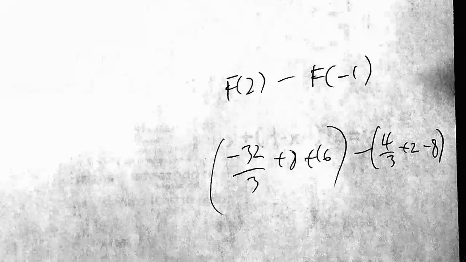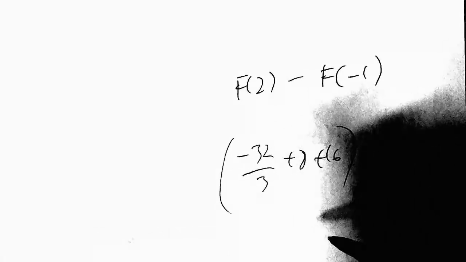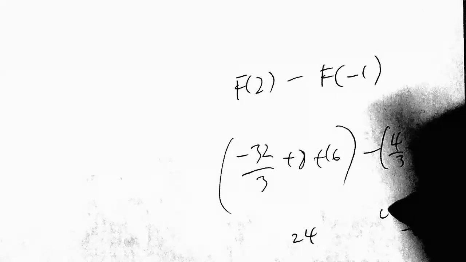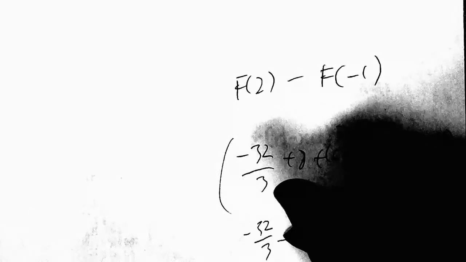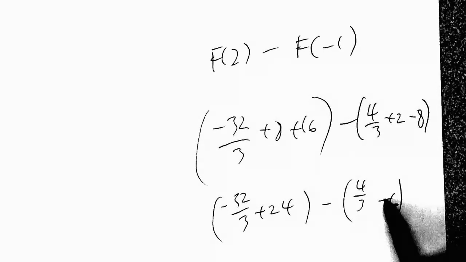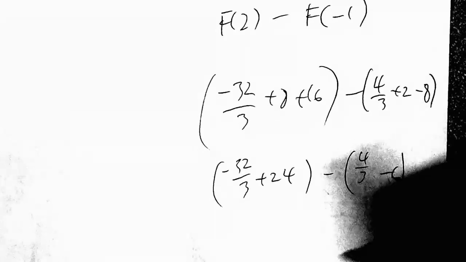Let's see if we can simplify this. So 8 plus 16 is 24. 2 minus 8 is negative 6. 4 thirds minus 6. Negative 32 over 3 plus 24. All this minus this. 24 minus negative 6 is 30.